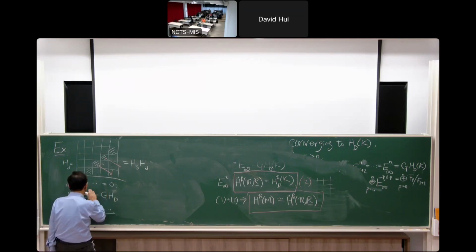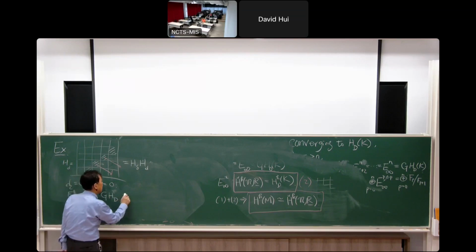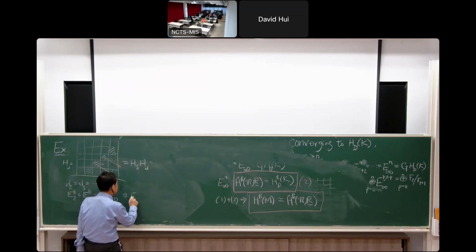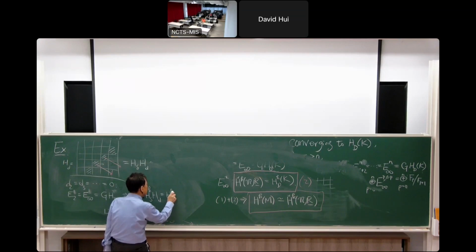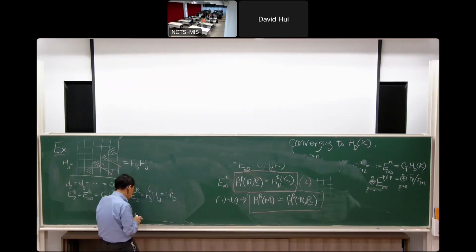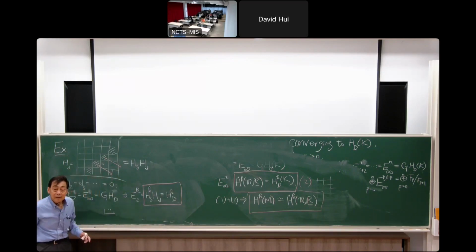So E2K is H delta HDK, and that is going to be just HKD.